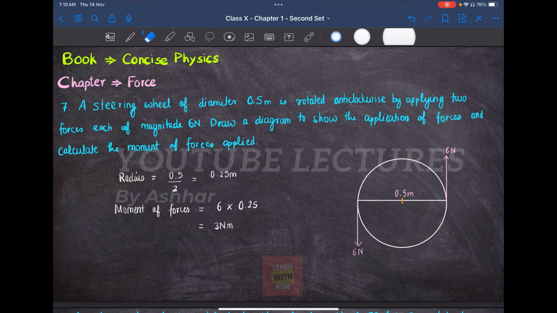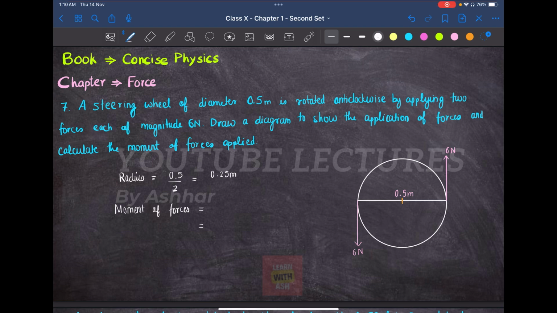Why this isn't correct is because the moment of forces is for both of these. So for both of these, I have to add them up, because both are in the same direction. So basically in this question, I am having two forces which together build up the total moment of force.